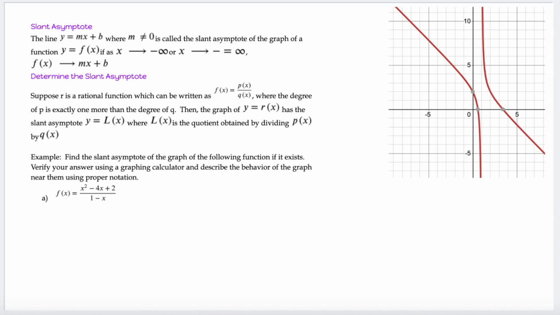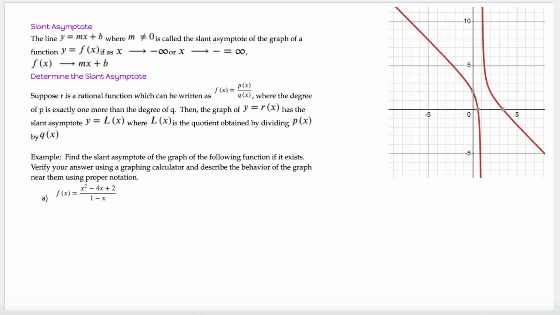I can see that my graph probably would have a slant asymptote just by the direction with which my red lines are moving. Also, I can see that x squared is exactly 1 more than x, which is q of x in our denominator.